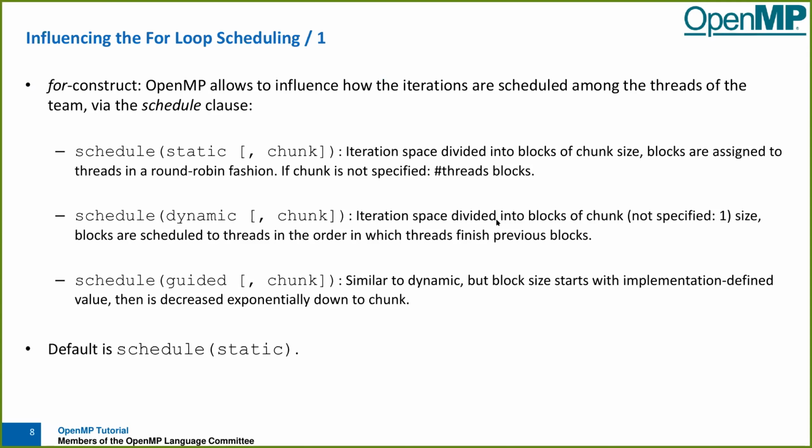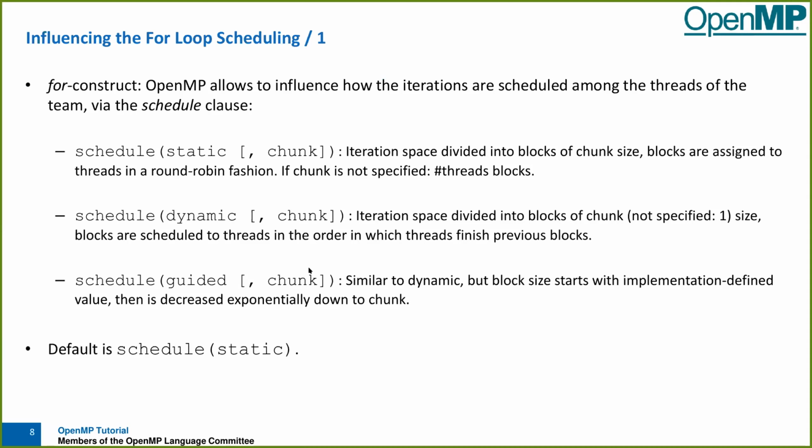Here, the iteration space is divided into blocks of chunk size, which is by default 1, yeah? Or you can specify a different value. And then these blocks are scheduled to the threads in the order in which they finish the previous blocks. That means whenever a thread has completed its chunk, it will take the next one. So again, there's uncertainty about the mapping of chunks to thread IDs, but it can address a load imbalance.